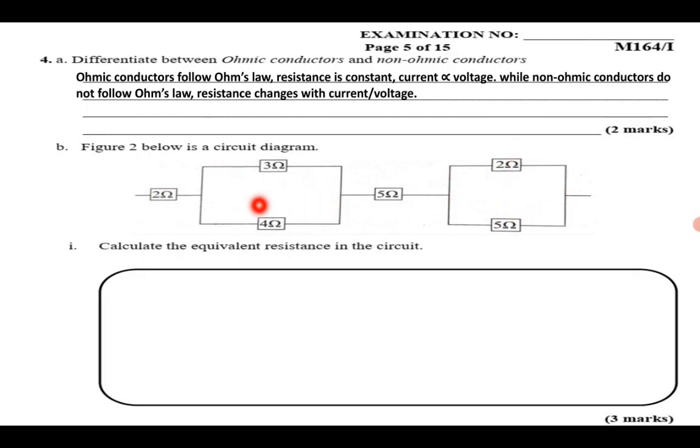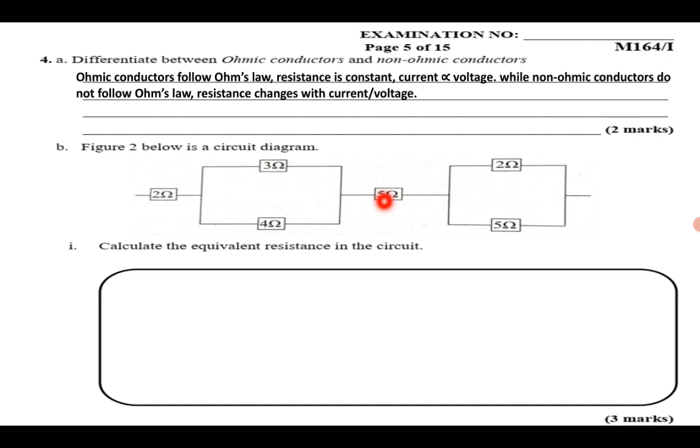We have 1, 2, 3, 4, 5, 6 resistors, 4 of which are in parallel arrangement. Like here we have these 2 resistors which are in parallel arrangement. Here as well, they are also connected in parallel arrangement. So we are asked to calculate the equivalent resistance in the circuit.